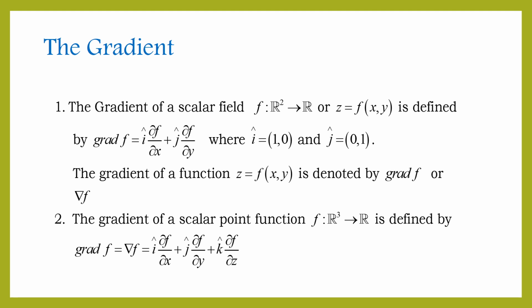Now, let us consider the next case, a function from R³ to the real line R. This function is a scalar point function defined on the three-dimensional Euclidean space R³. We know this function has three partial derivatives, ∂f/∂x, ∂f/∂y and ∂f/∂z.